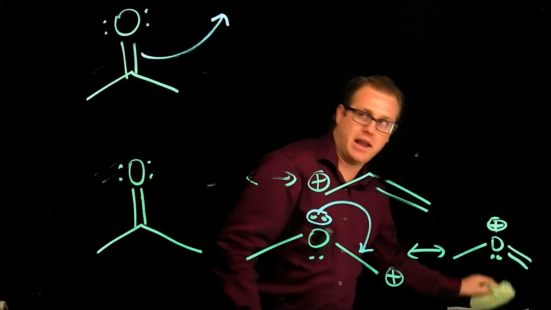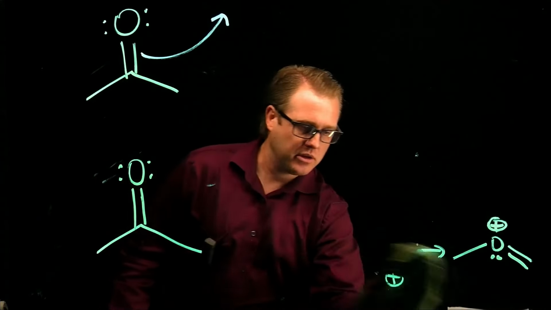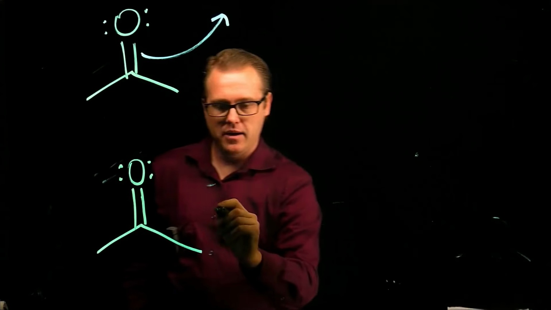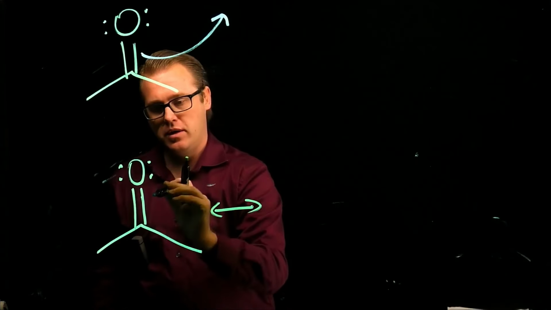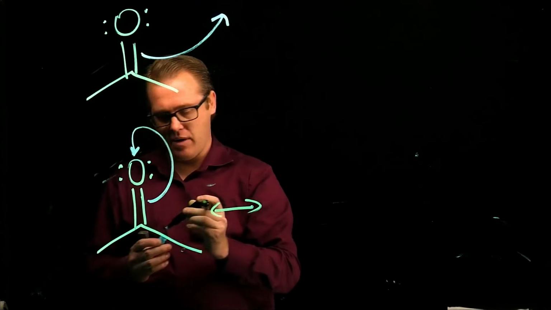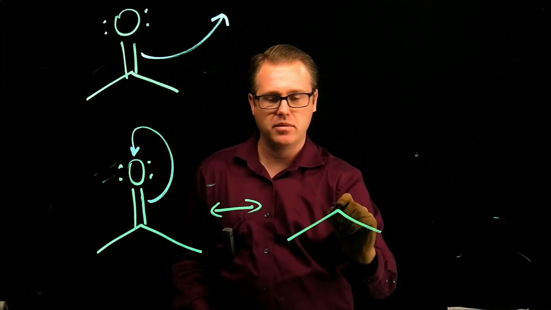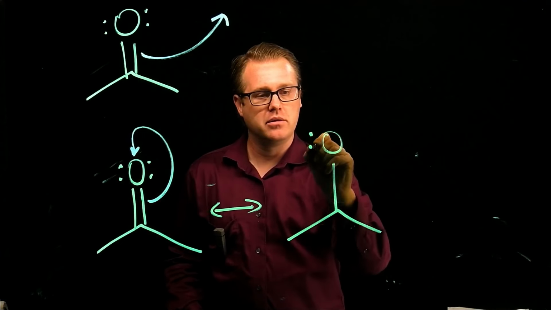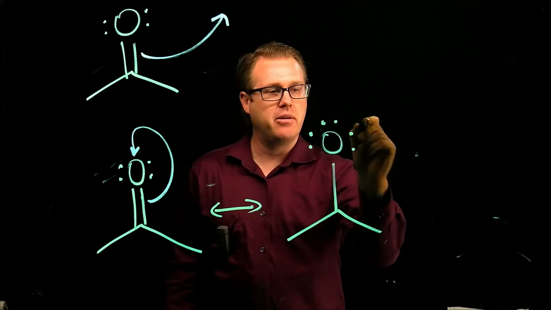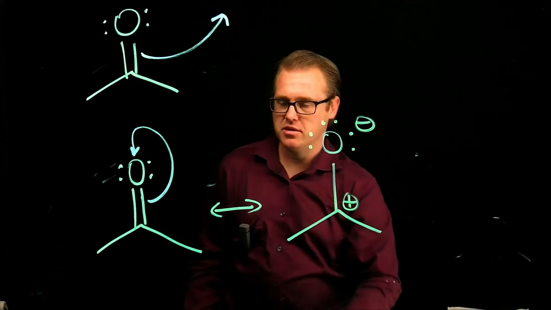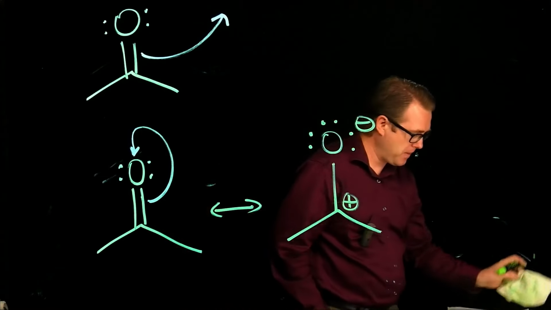So the correct way to draw this resonance structure would be you take the electrons and say, hey, they're going right there on that oxygen atom. And now we reevaluate the formal charges, like so.